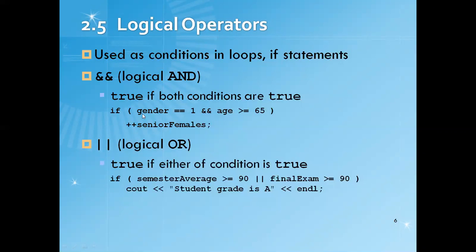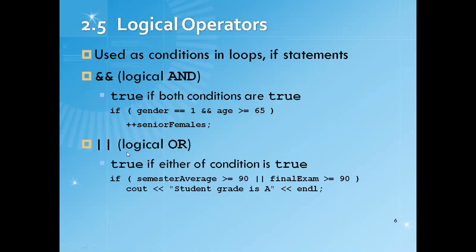So for example, if the variable gender equals 1 and age is equal to or bigger than 65, you can print senior female. It is kind of one variable. It doesn't matter what it is. We will explain later what the 2 plus before the variable is. But the main thing is this is a condition, so it will decide whether your statement is executed.